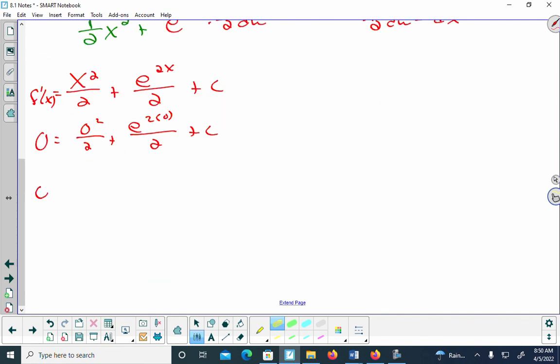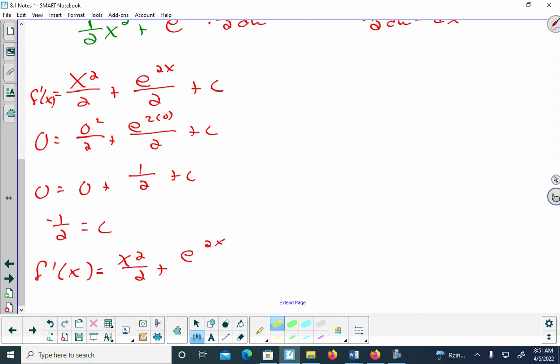So 0 is equal to 0 plus, anything raised to the 0 power is 1, so this will be 1/2 plus c. So I'm going to get negative 1/2 is equal to c. Now I'm putting that in. So now I have my first derivative is equal to x squared over 2 plus e to the 2x over 2 minus 1/2. So that's my first derivative.